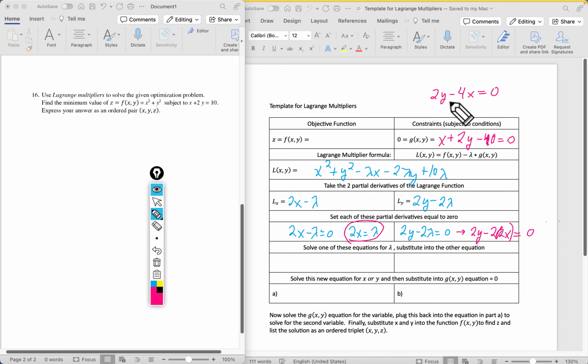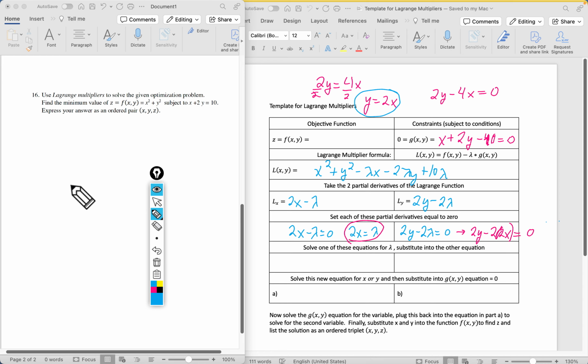I believe it'll be smoother if I solve for y. So I add 4x to both sides. So I get 2y equals 4x, right? And then divide both sides by 2 gives me that y equals 2x. So notice a lot of this is just algebra stuff. So I'm going to make a substitution in my constraint function. I'm going to replace y with 2x.